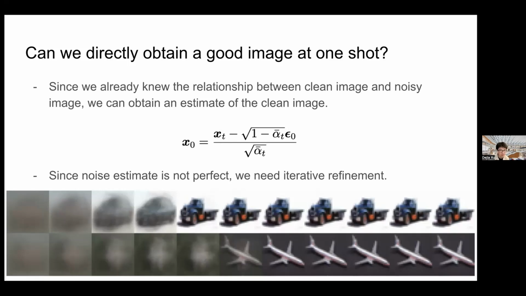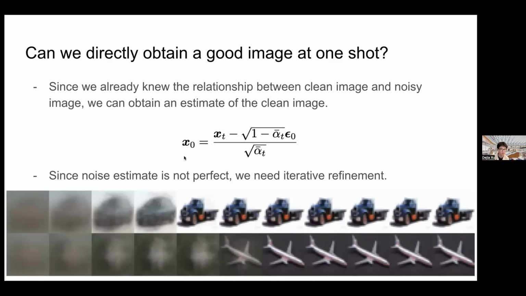Speaking of this iterative refinement process, there actually is a carefully designed noise level strategy, because if we always use a very high noise level, the denoiser network is not capable of estimating the noise accurately.